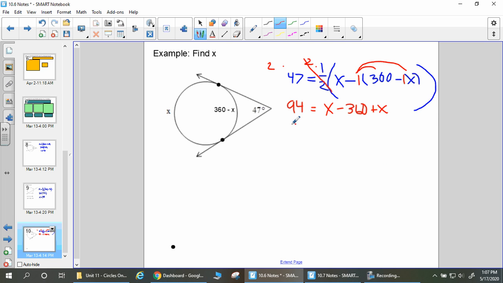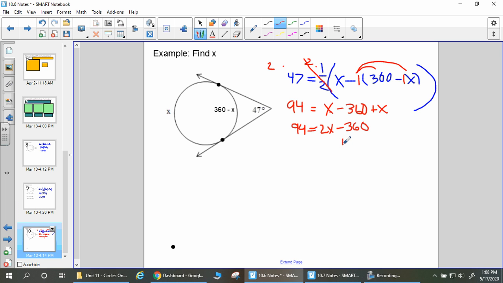So now that I've properly simplified those parentheses, x and x is going to make 2x minus 360. It's really important to be careful of the signs, or you might accidentally have your x disappear and then you won't have anything left to solve for.